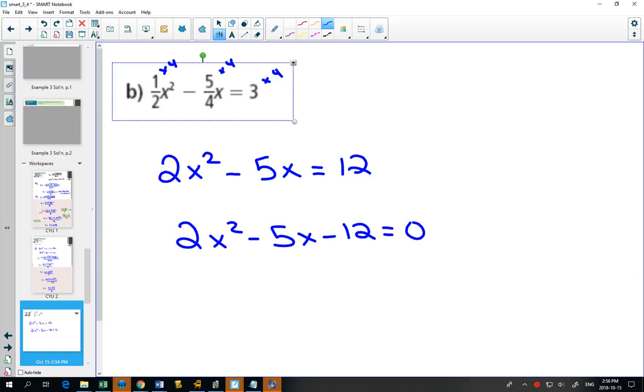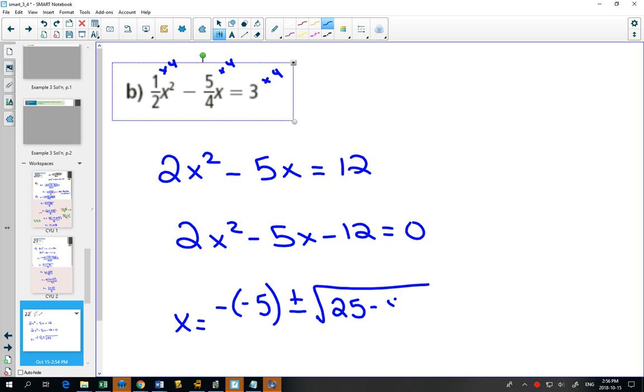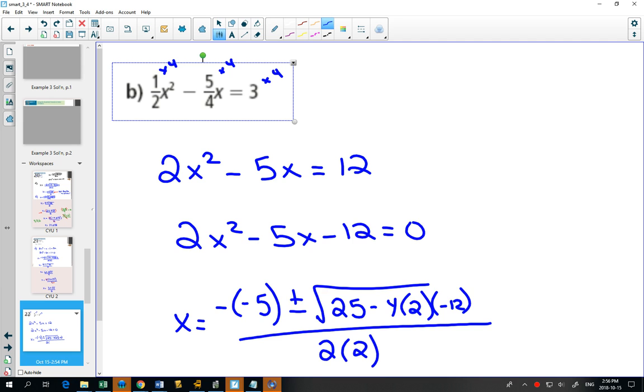If you use the quadratic formula here, you would go x equals negative b, well, b is negative 5, plus or minus square root of b squared, 25 minus 4, a is 2, c is negative 12, all over 2a. Okay?